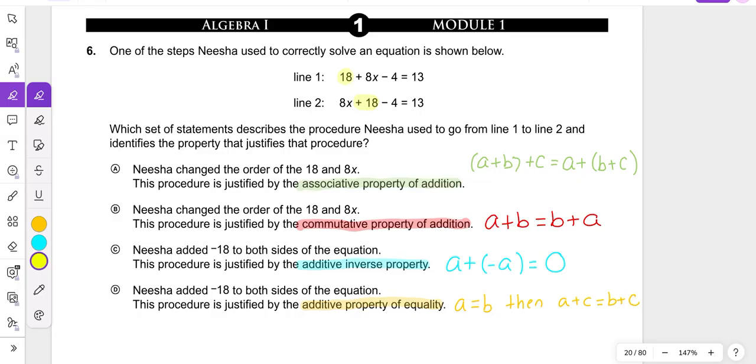What stayed consistent, though, was the negative 4 stayed consistent. What also stayed consistent in the problem was what it was equal to, the equals 13s. But what flipped was what we wrote first and second.